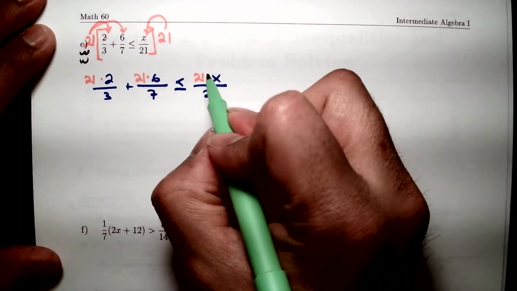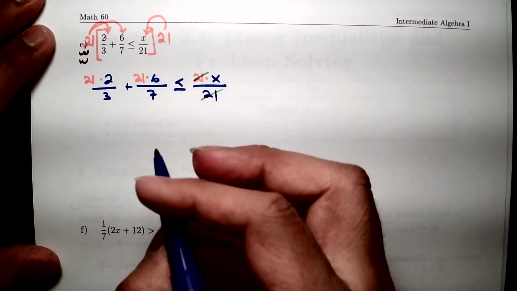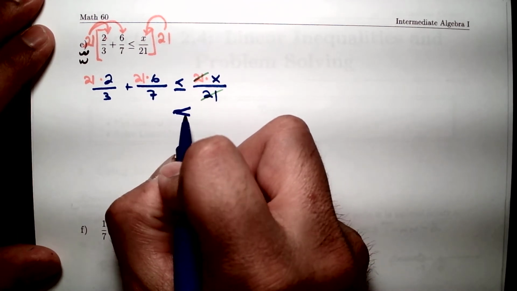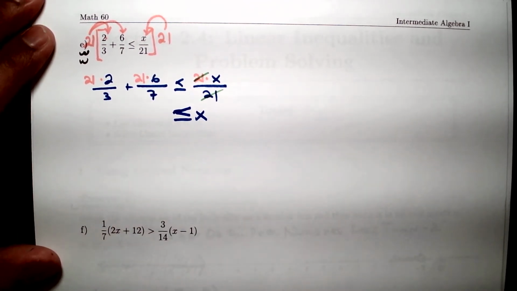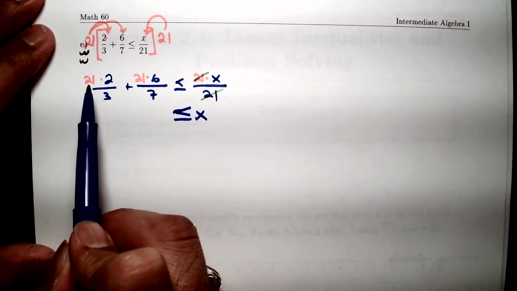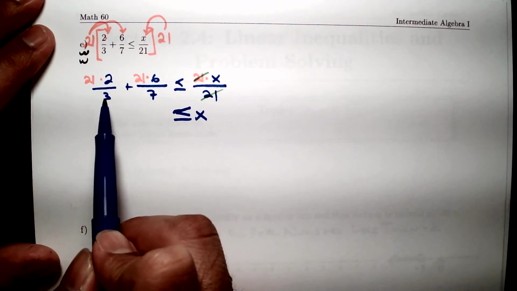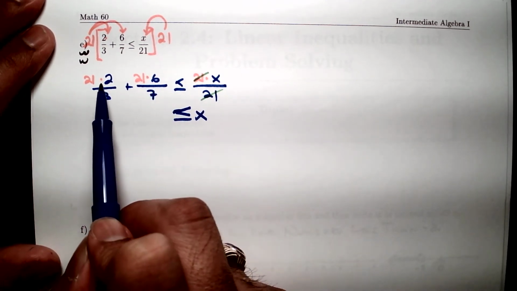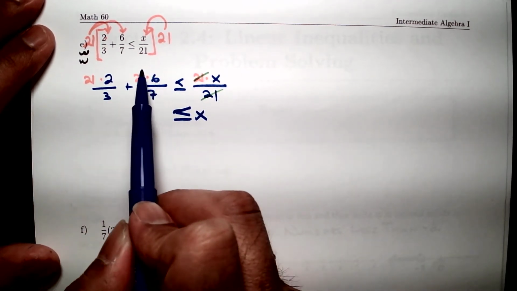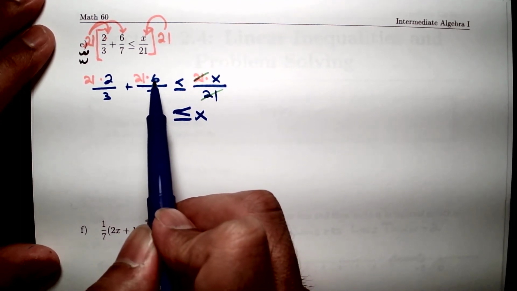Alright, this we can just divide them out really easy. That's going to leave us with x. And then over here, of course, I know what you might be thinking. Multiply 21 times 2 to get a bigger number, and then do a division. Well, that's not that bad to perform. However, the second term right here, 21 times 6, huge number.